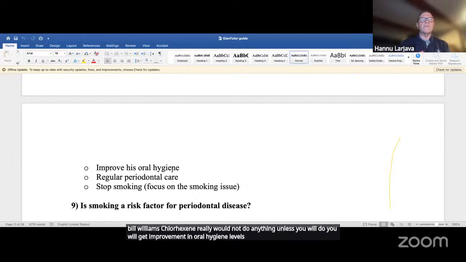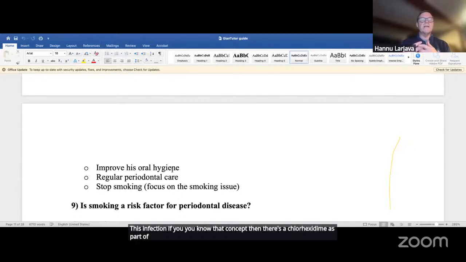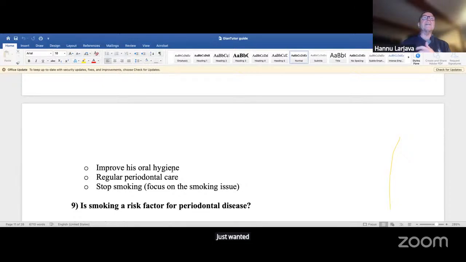When we talk about full mouth disinfection, if you know that concept, chlorhexidine is part of that disinfection, but the whole thing starts with the mechanical treatment that will remove the biofilm, and then you can prevent biofilm formation with chlorhexidine. Just wanted to emphasize that a little bit more, based on the talks that we had.